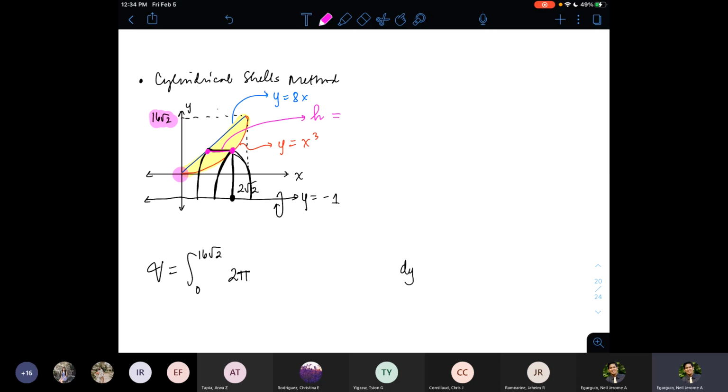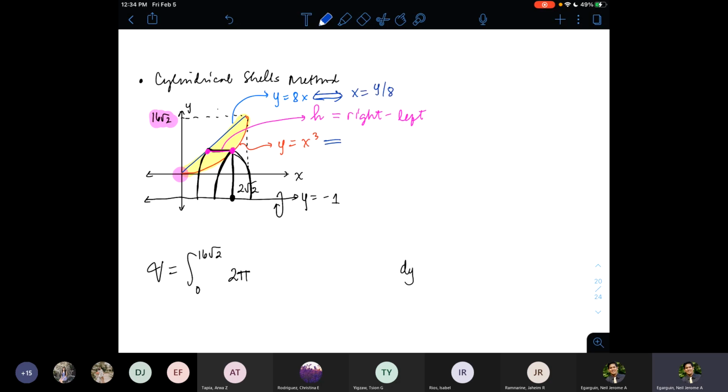And we said that horizontal strips are measured using the formula right function minus left function. Now, but notice that our variable here is y. So I need the functions to be expressed in terms of y. So that means I need to rewrite my function here as x equals y over 8.